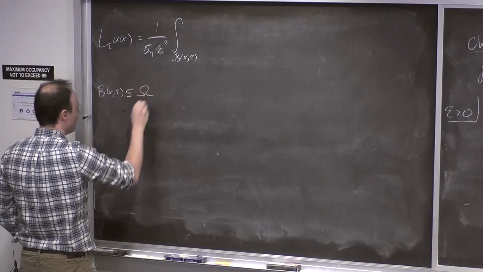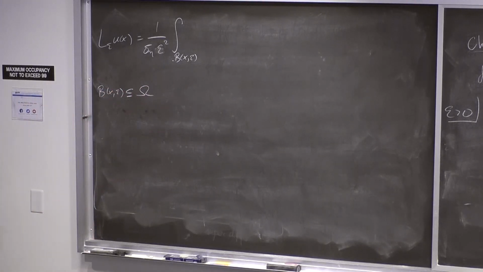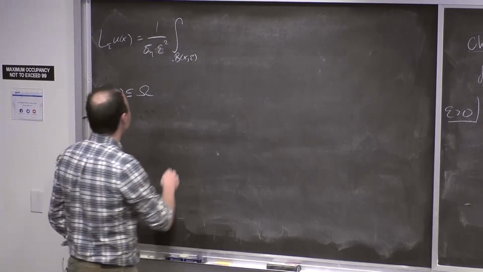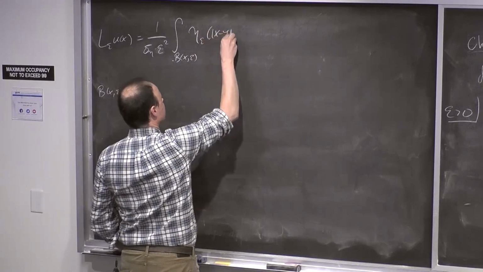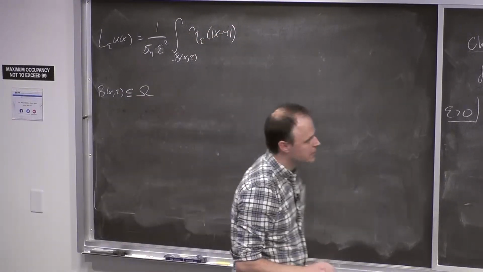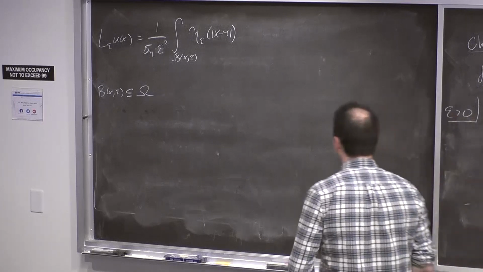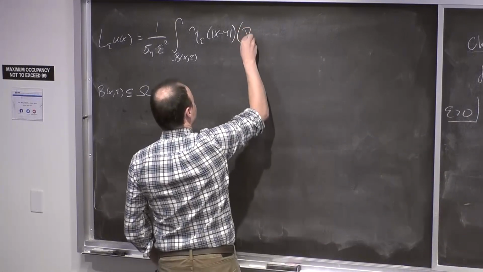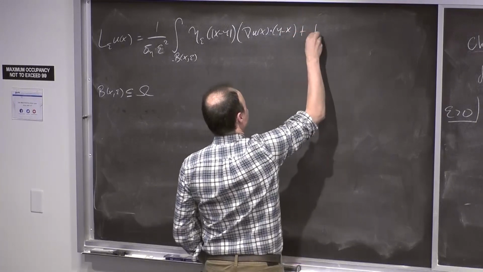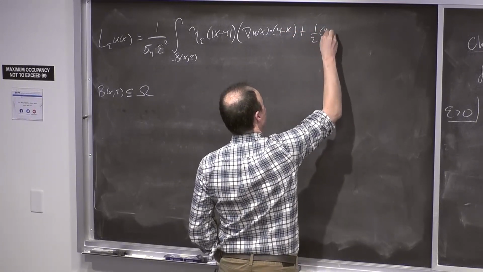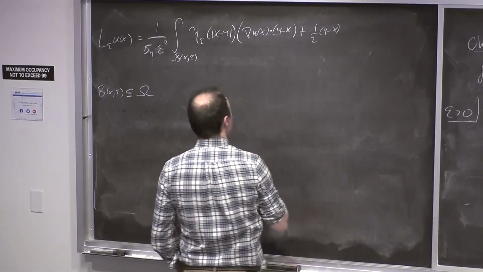If you want to do this all the way up to the boundary, you get a whole bunch of extra annoying boundary terms I don't want to worry about. So you get eta epsilon of x minus y, and if I Taylor expand u of x minus u of y, I'm going to have grad u of x dotted with y minus x plus a half times y minus x.